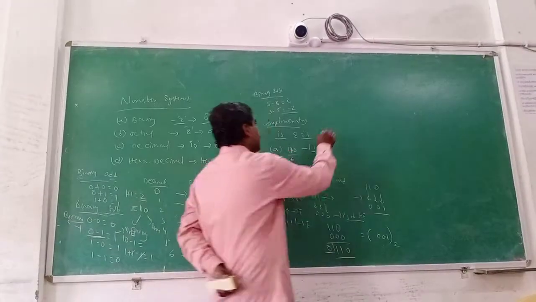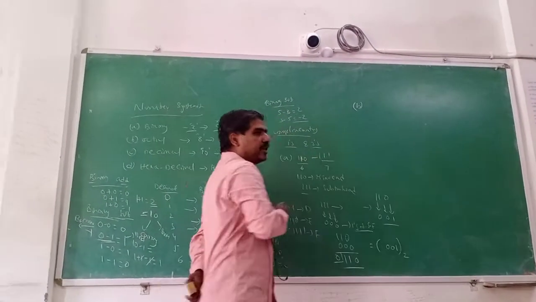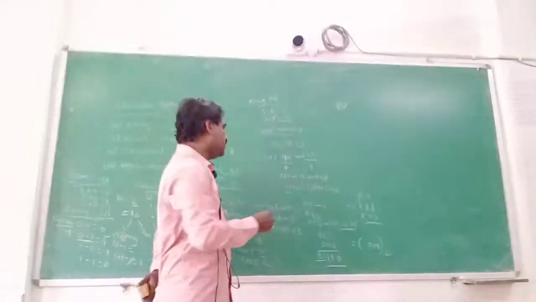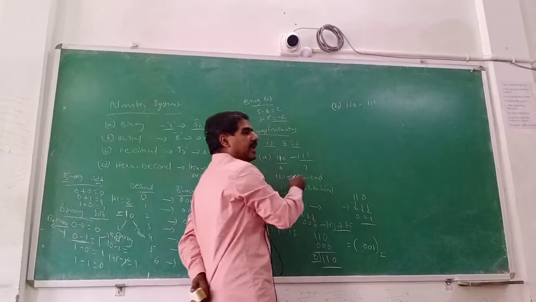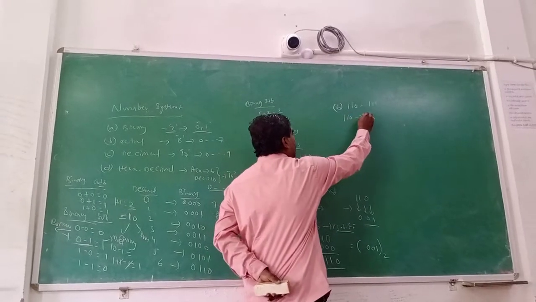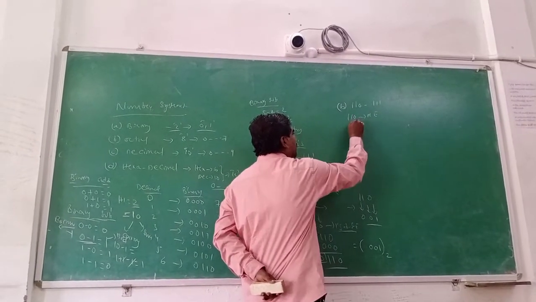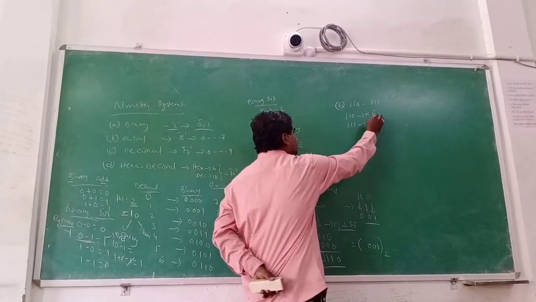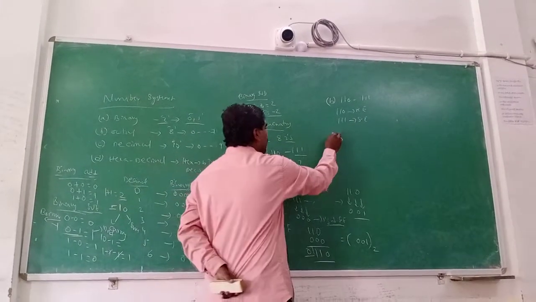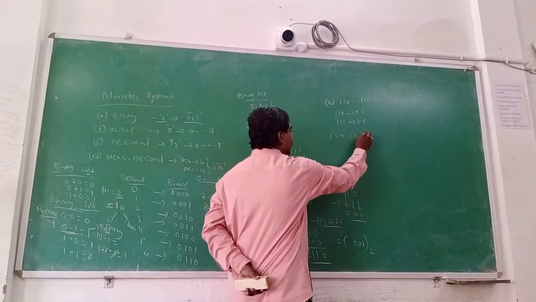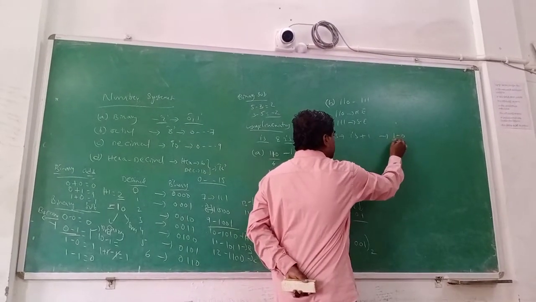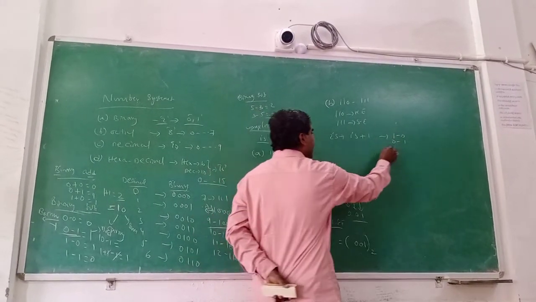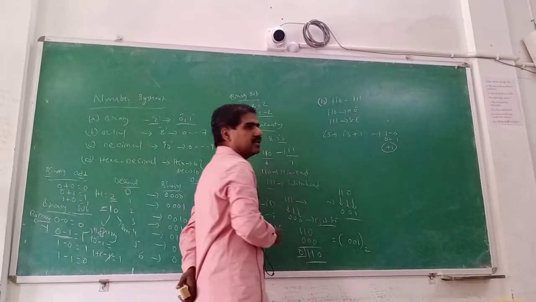Again, the same rule can be applied to the two's complement method. 110 minus 111, again 110 minuend, 111 subtrahend. Two's complement means one's complement plus 1. While replacing 1 with 0 or 0 with 1, again add 1 to the answer.